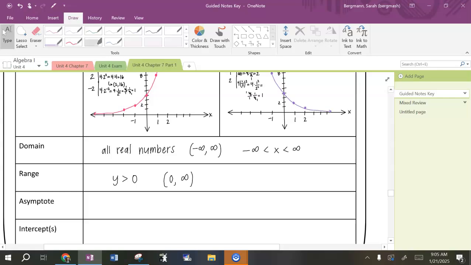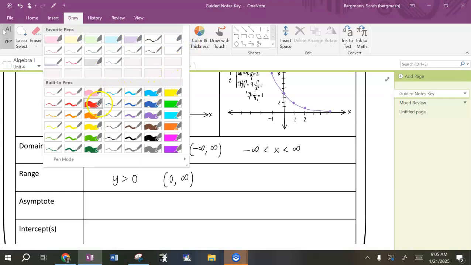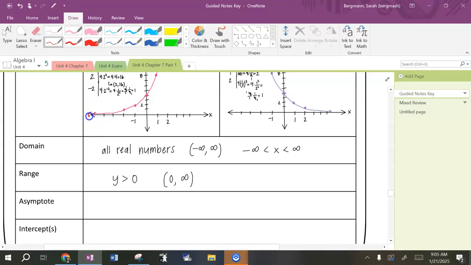Next, we're coming back to this word asymptote. Both functions have the same asymptote. Both functions share the asymptote y equals 0, because this line right here, this horizontal line, is the line that the function gets closer and closer to. The graph gets closer and closer to that, but it never touches it or crosses it.